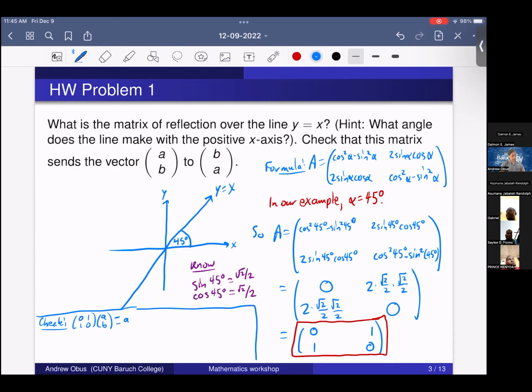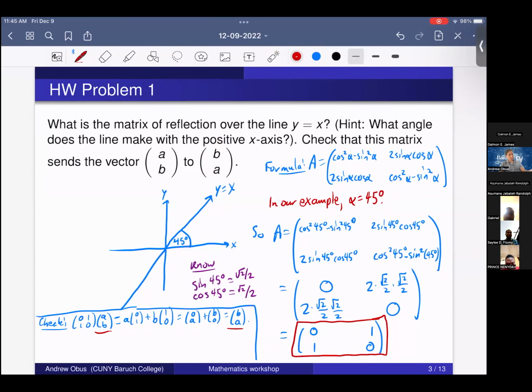So this is A times 0, 1 plus B times 1, 0. That's the same thing as 0A plus B0, and that's the same thing as BA. So this is what the example said: we want to show that it sends AB to BA.